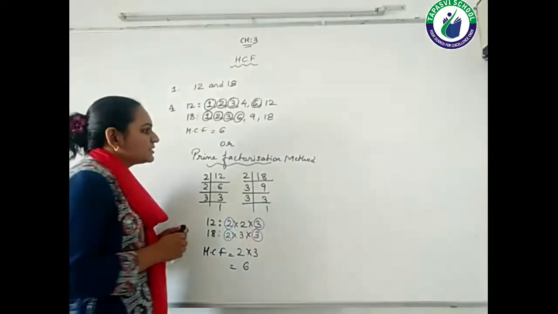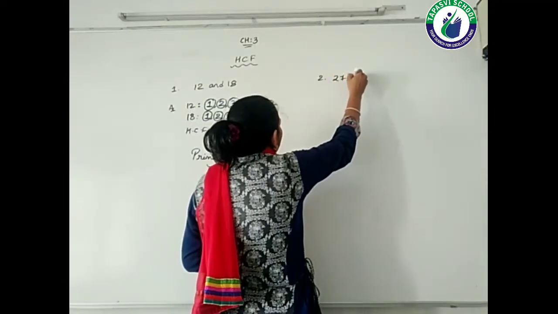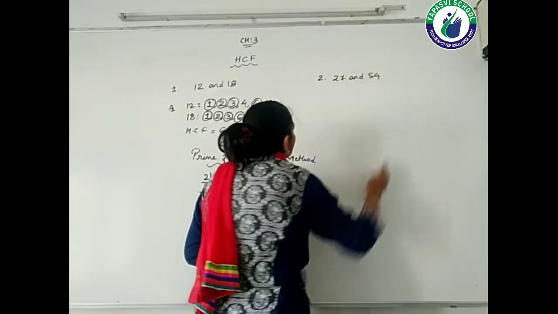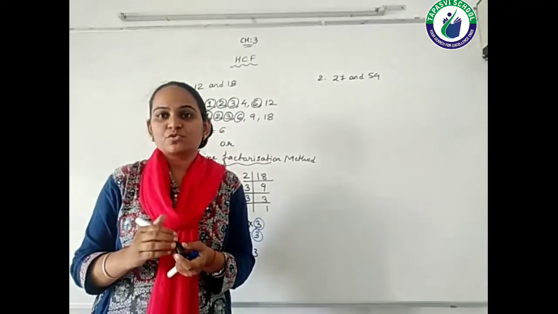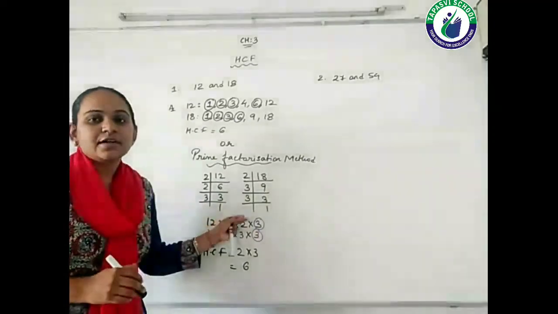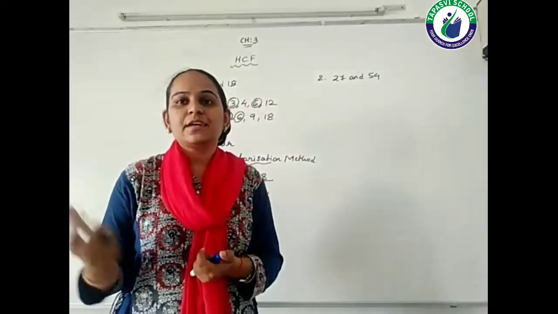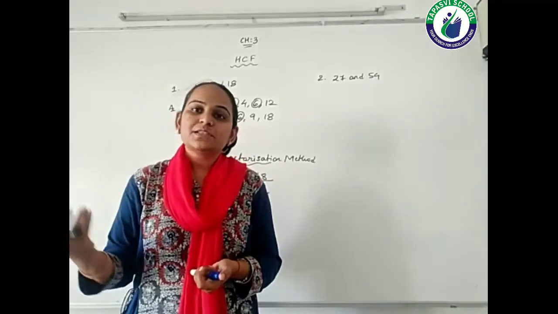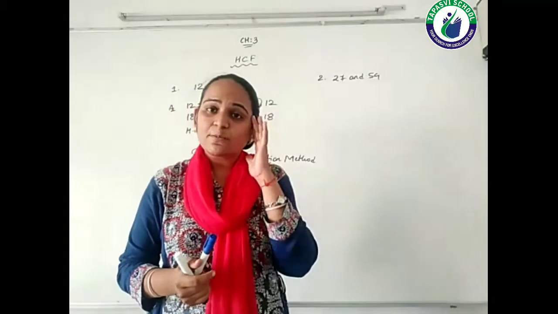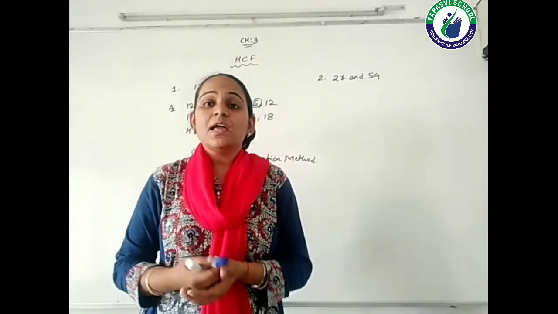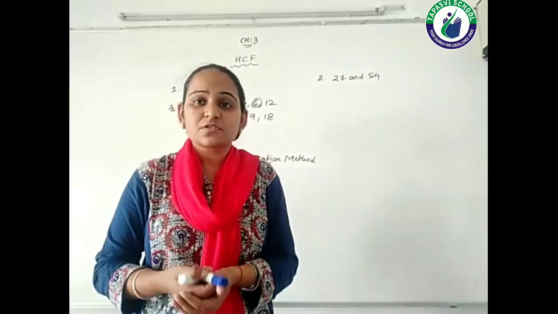So the numbers are 27 and 54, right? 27 and 54. Students, I advise you to go with this method, right? The reason is, if the numbers are small, then it's quite easy, you can identify the tables. But if the numbers are bigger, there may be chances that you miss out some factors, and the factor you miss out can be your highest factor also, right?